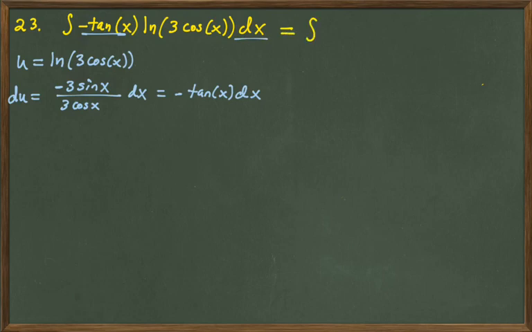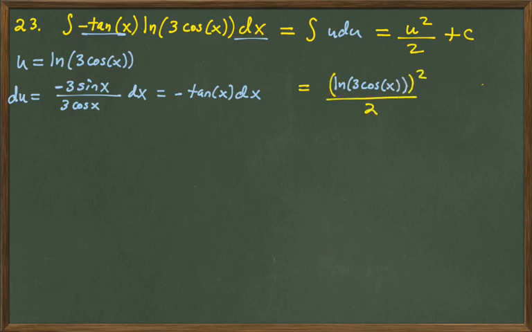So the negative tangent x dx becomes du, and the natural log of 3 cosine x becomes u. Thus we simply have the integral of u du, simple power rule, u squared over 2 plus c. So that's the natural log of 3 cosine x, quantity squared, over 2 plus c.